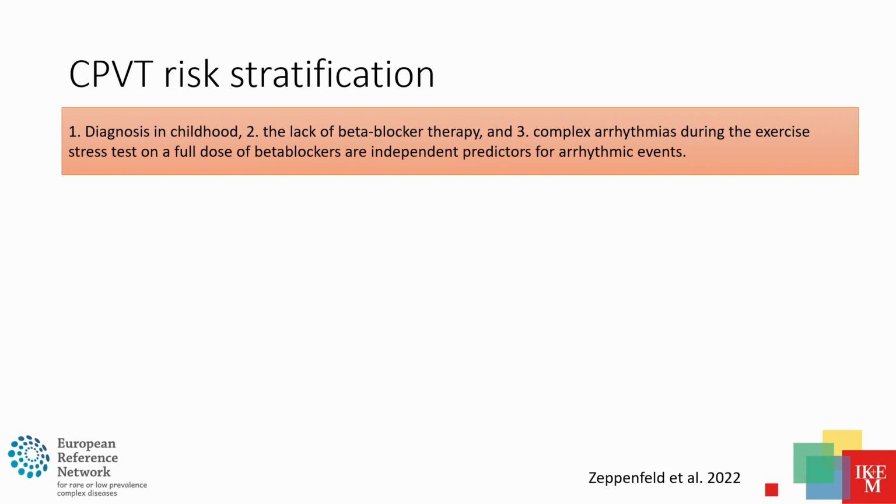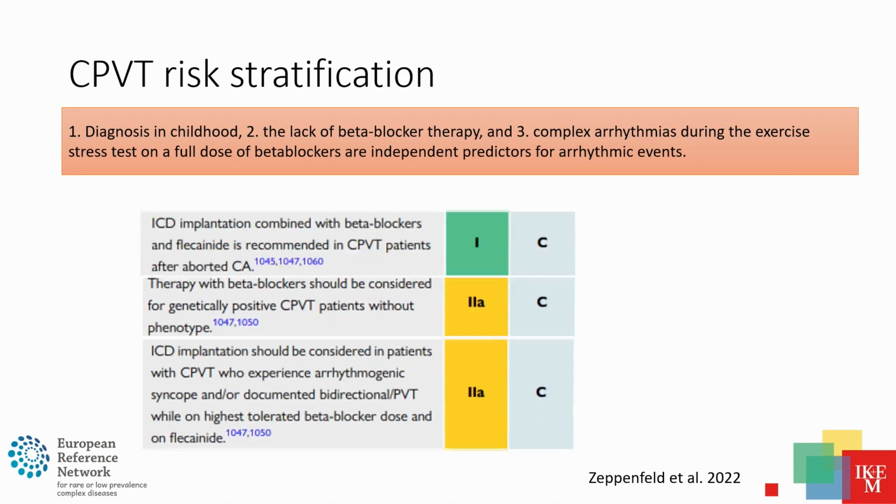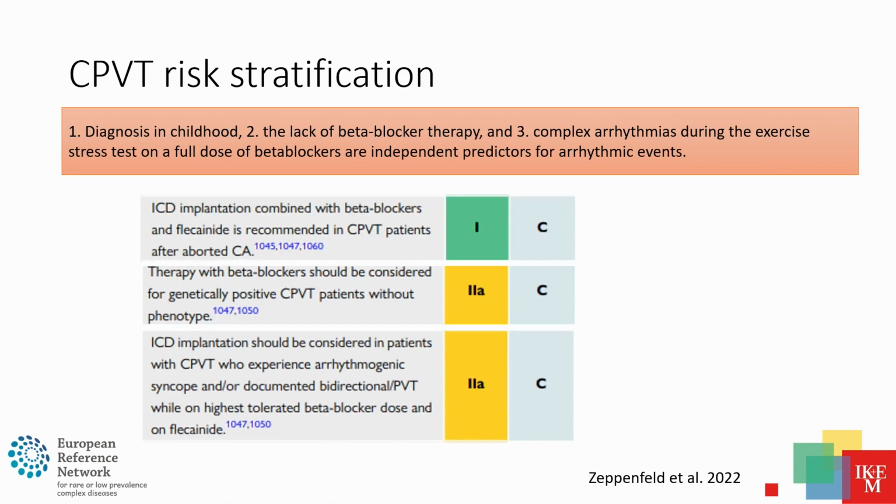ICD implantation again is recommended in all cardiac arrest survivors, together with full dose beta blockers, eventually also with flecainide. And anyway, all patients with the diagnosis of CPVT or genotype positive for CPVT should take beta blockers just to reduce their burden of malignant arrhythmia.